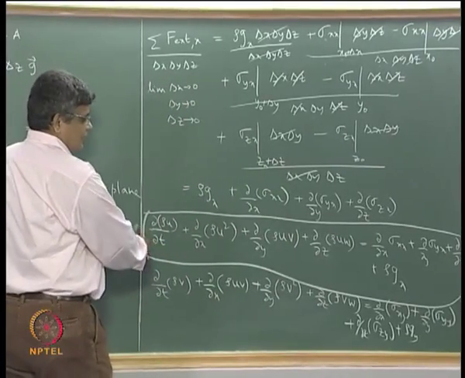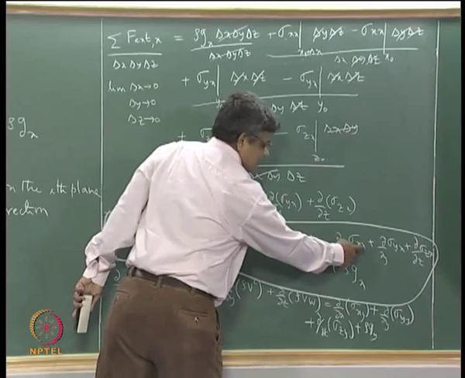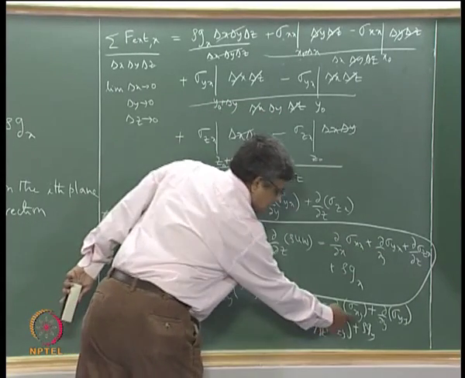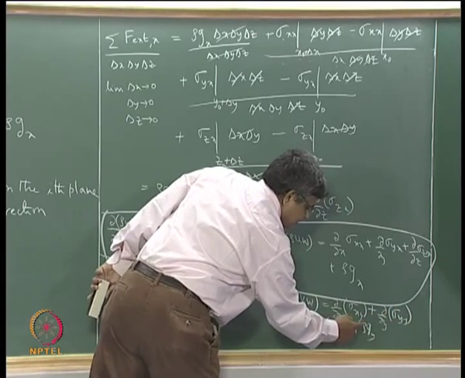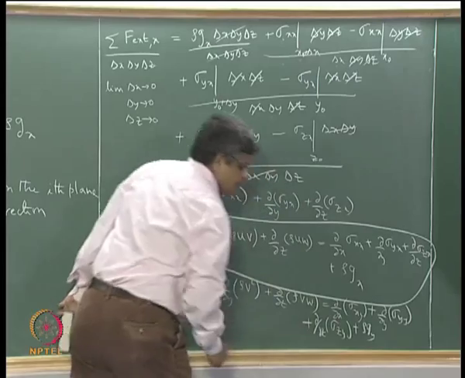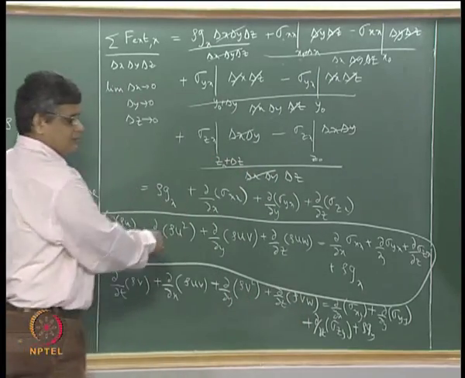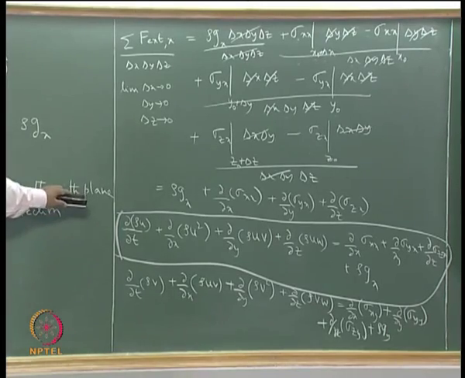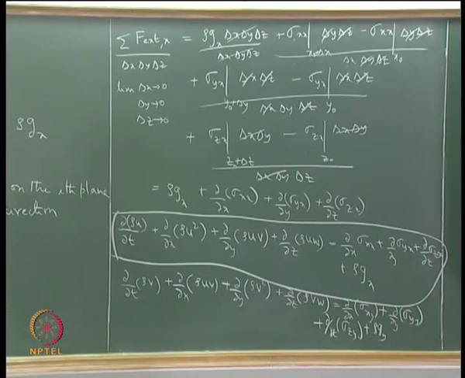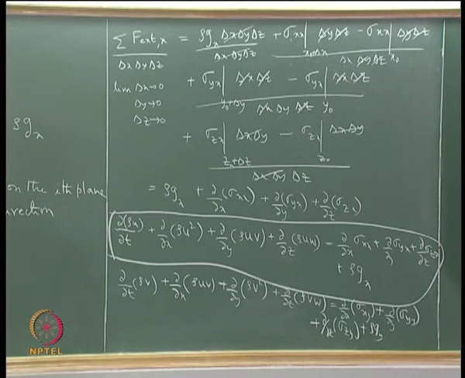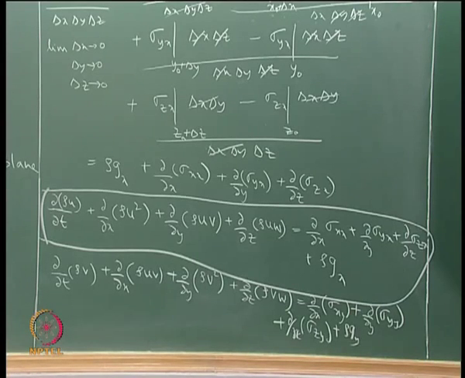So in the x momentum balance equation, that second index must be x, and in the y momentum balance the second index, that is sigma xy here, sigma yy and sigma zy, is y, because we are representing the y momentum balance. And we can write a similar expression for the z momentum balance equation. So this completes the derivation of the momentum balance in the x, y, z directions.